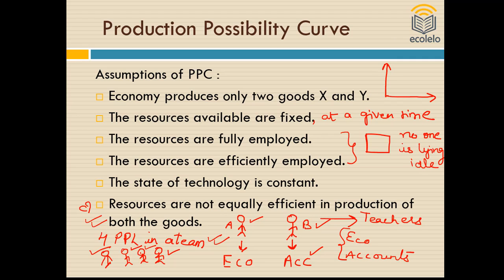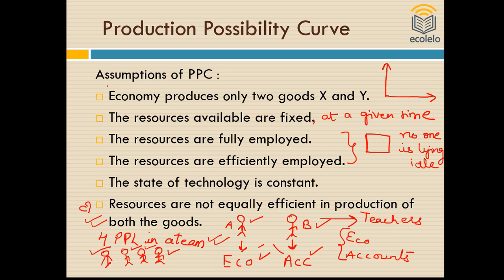And this fellow, let's assume, is not good in anything. So all 4 are doing the same work, but one is better than the other in one particular field. This is what we are trying to say. So resources are not equally efficient in production of both the goods. Let's say good A is economics and good B is accounts. The same person is not equally efficient in production of both the goods.